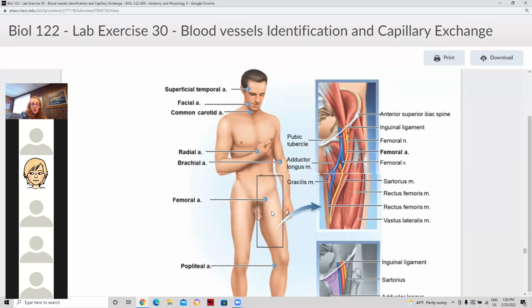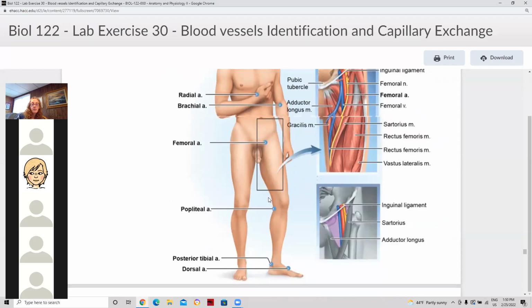The superficial temporal artery, the facial artery, the common carotid artery, the radial artery, the brachial artery, the femoral artery, popliteal artery, posterior tibial artery, and dorsalis pedis artery.